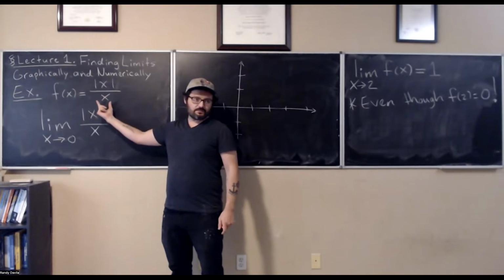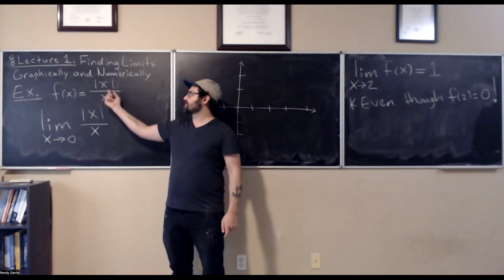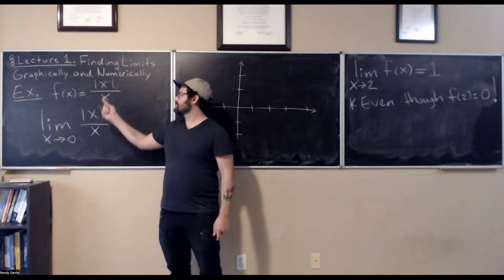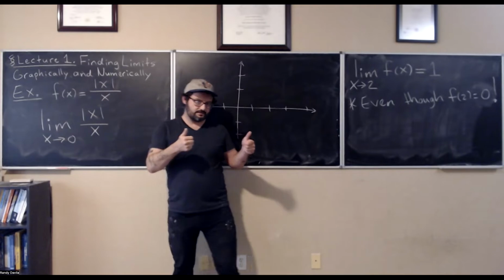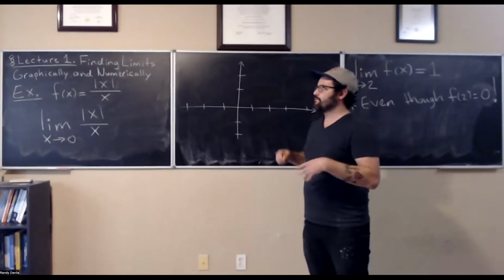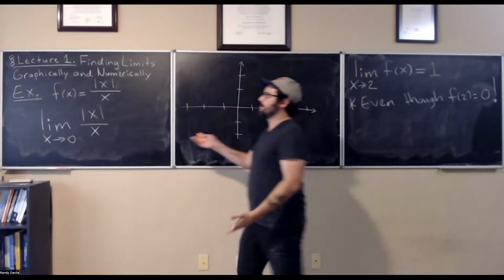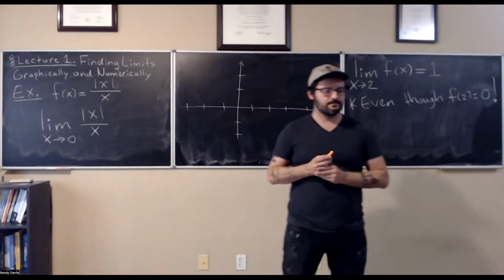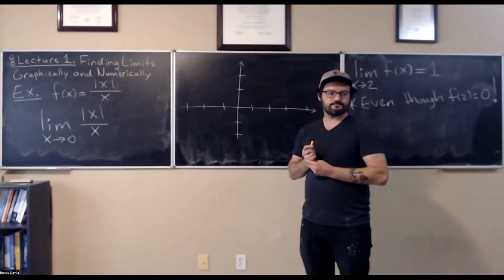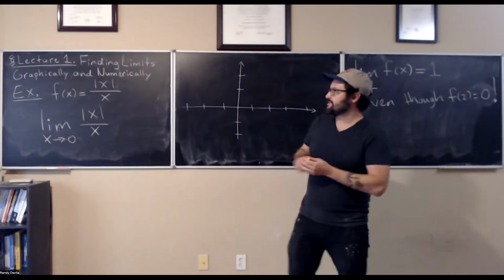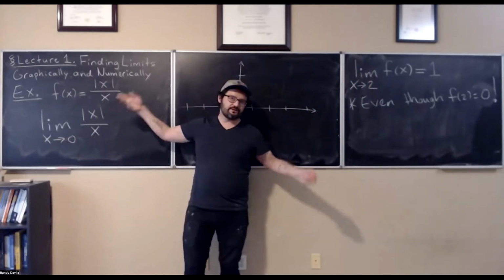And in the denominator, it's going to be the same value. So when x is positive, what's the value of this function? One. A number divided by itself is just 1.